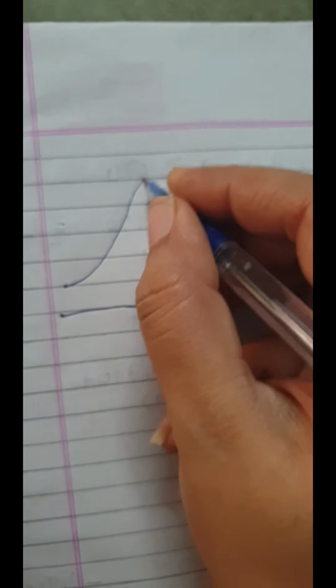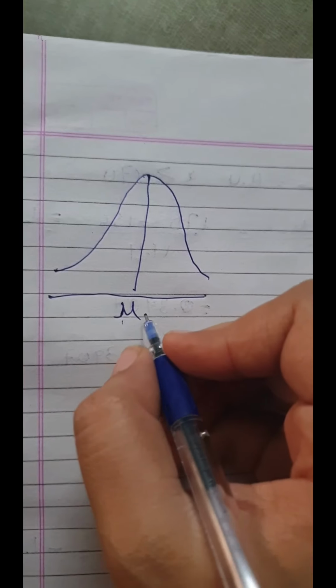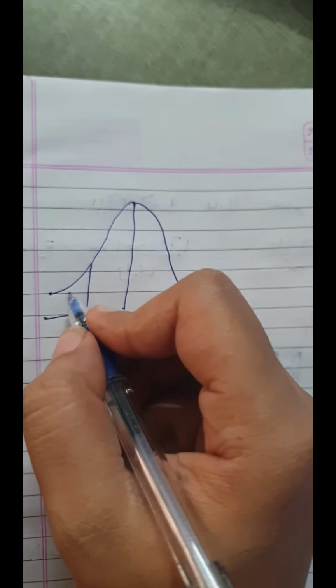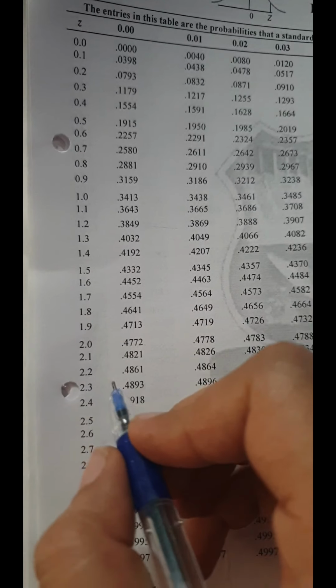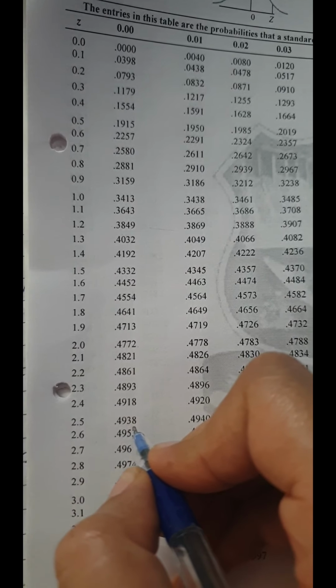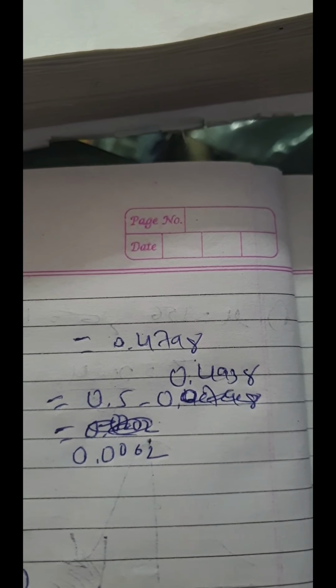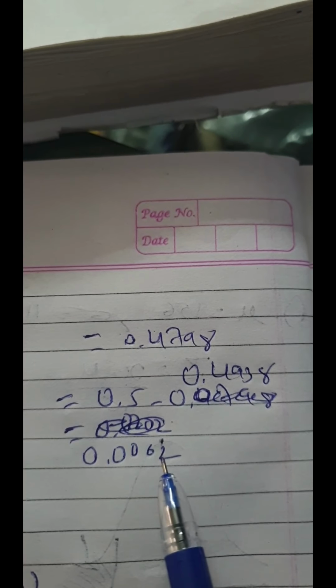Again the normal distribution curve. X equals 12, you want the lesser value. The value for 2.5 is 0.4938, and when you deduct it from 0.5, you will get the answer 0.0062.